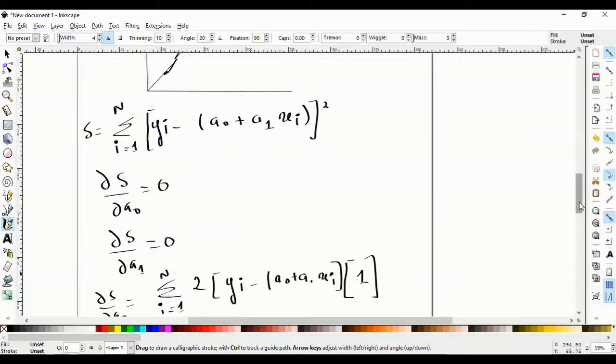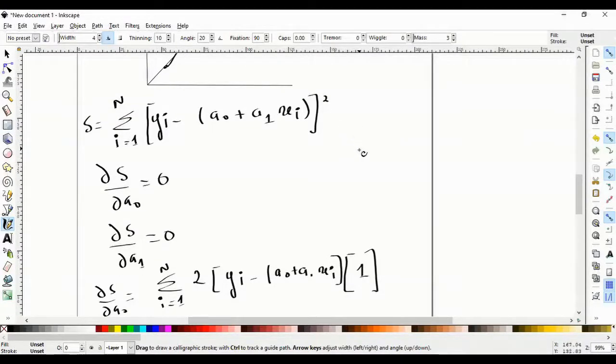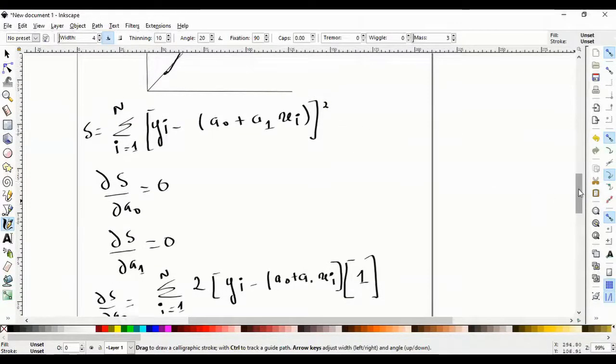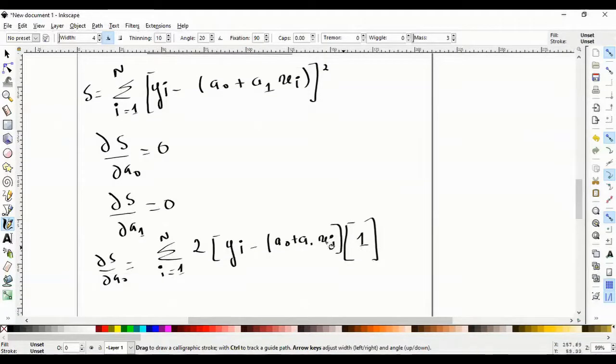Now I will derive with respect to a1. So this must be equal to 0.